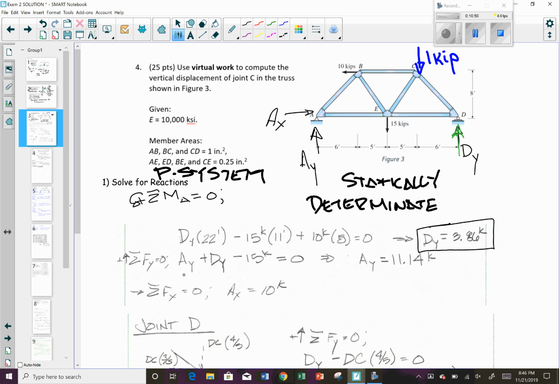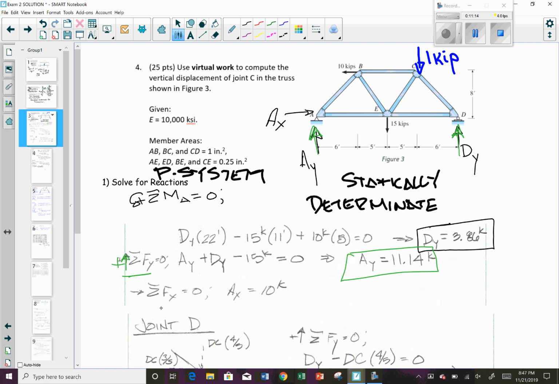I solved for my Ay by just doing sum of the forces in the y direction with positive going up. So my Ay was equal to 11.14 going up, because that's the direction I ended up with a positive value, and so I assumed that direction to be up.